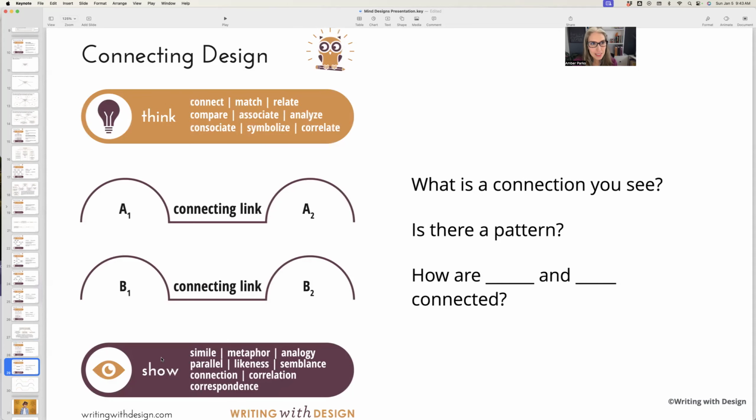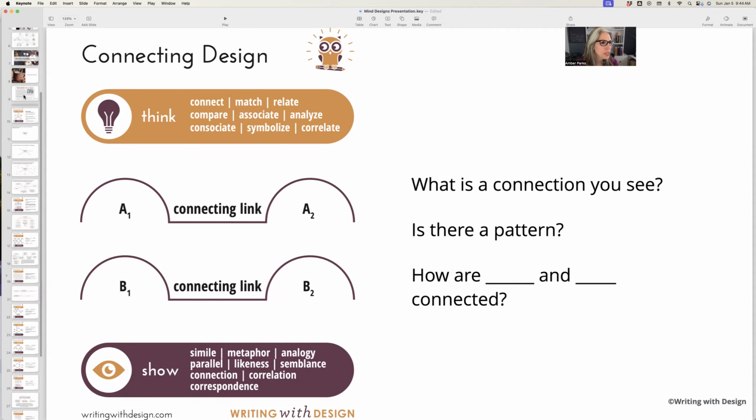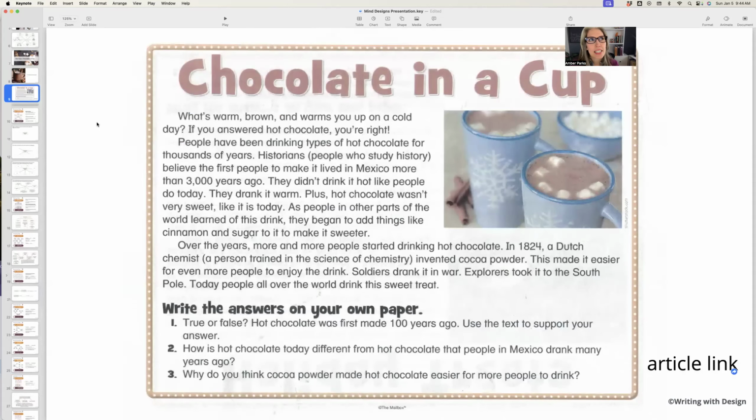The last one is the connecting design, and this is all about seeing parallels or connections, finding something that matches or some kind of correlation. And so this is one that we have some connections that we want to make within the content.